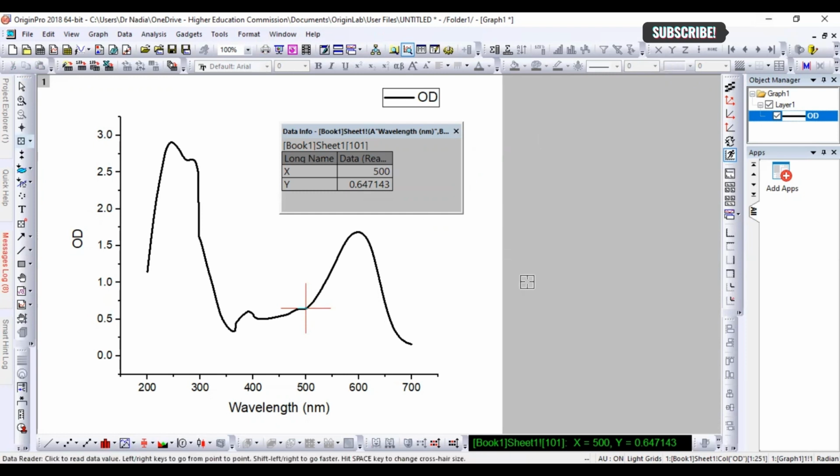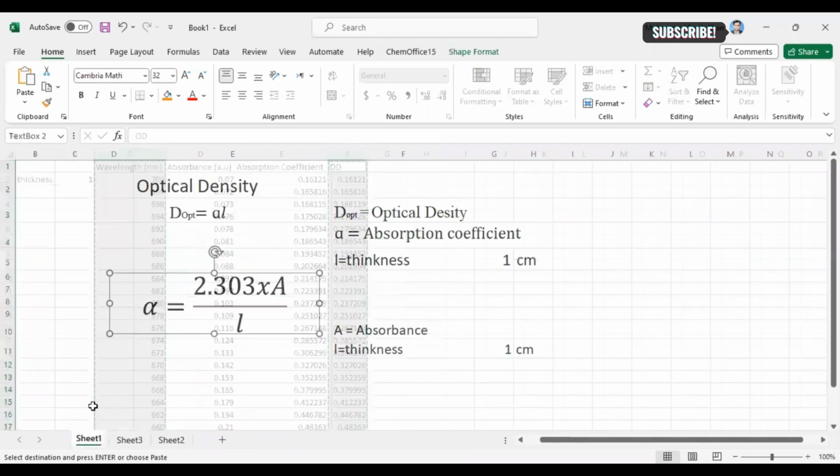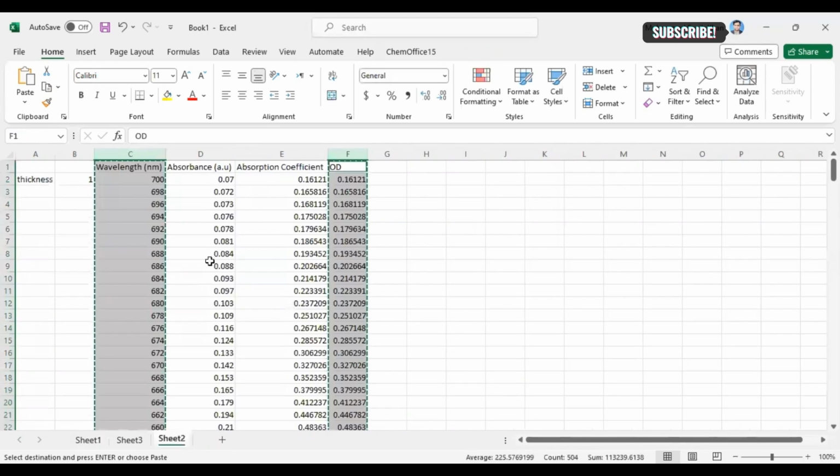So hopefully now you have learned how to calculate the optical density and how to plot it against different wavelengths. So the formula for optical density is alpha into L, where alpha is absorption coefficient, A is the absorbance, and L is the thickness, which is 1 centimeter.